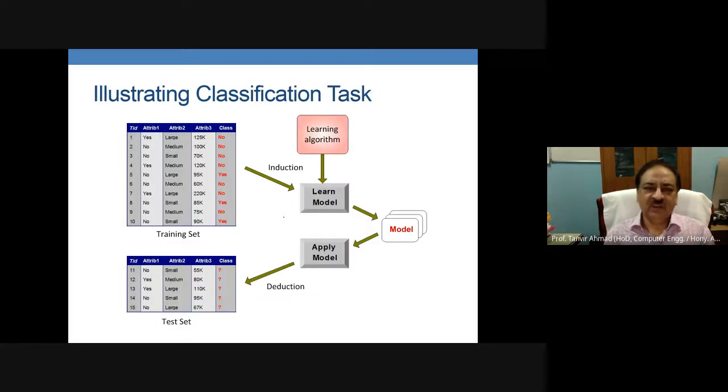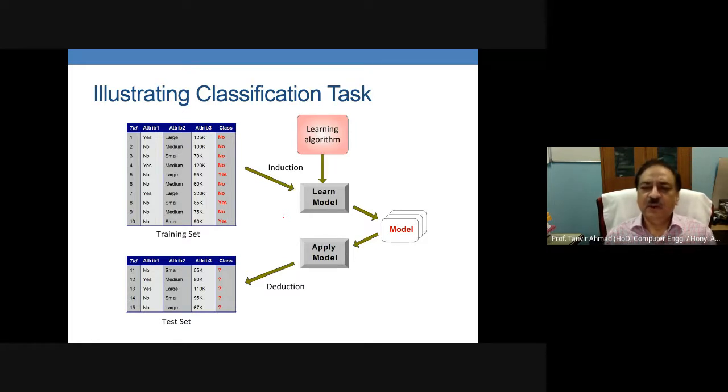Now let us try to understand how it works. You have a training set and a test set. Say you have 10 data as a training set and 5 data as a test set, and you create a model. When you create a model, you apply some learning algorithm, which could be any one of the learning algorithms, and you generate a model.